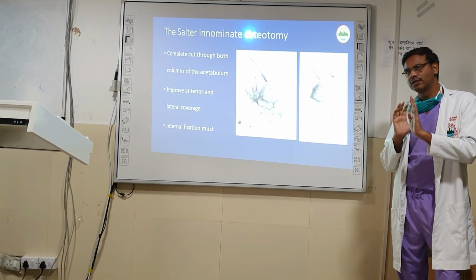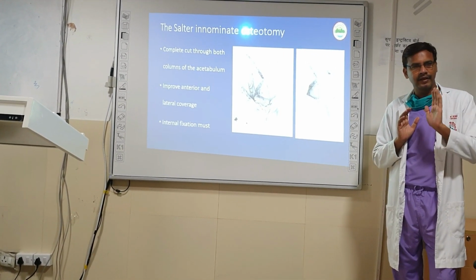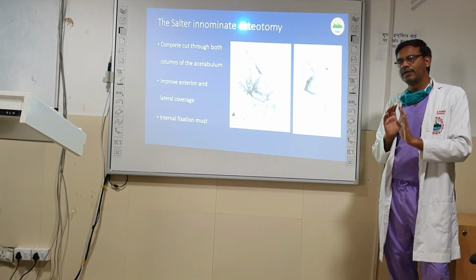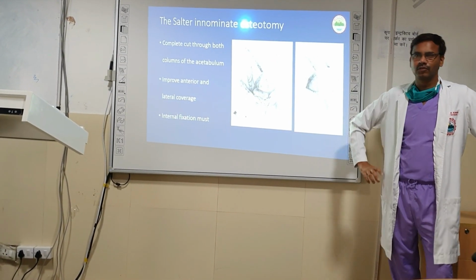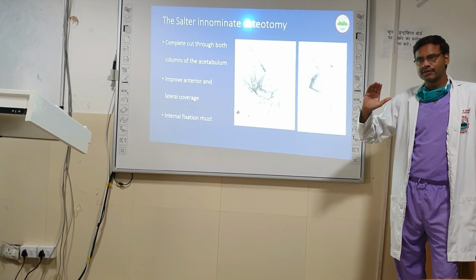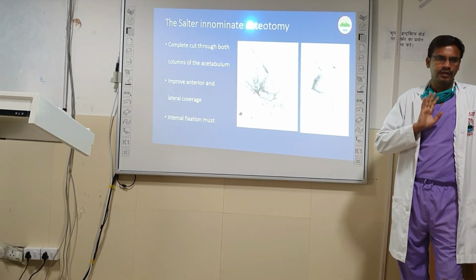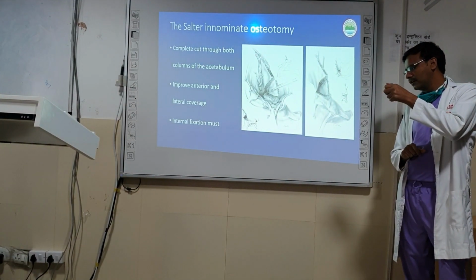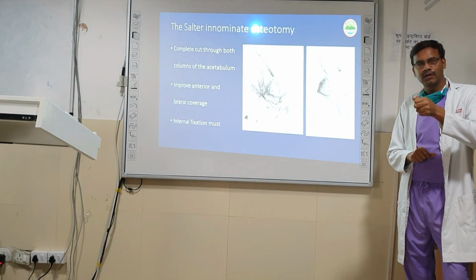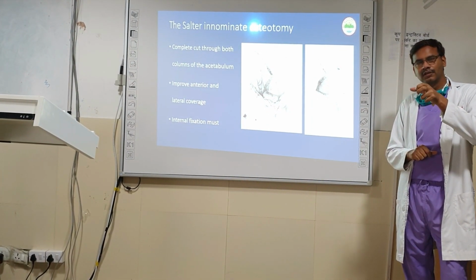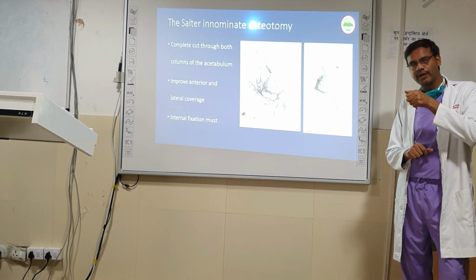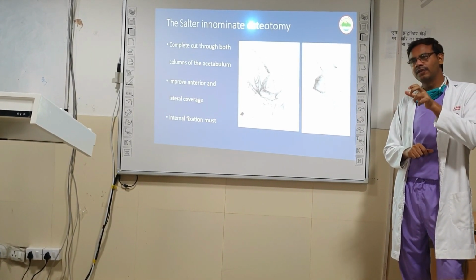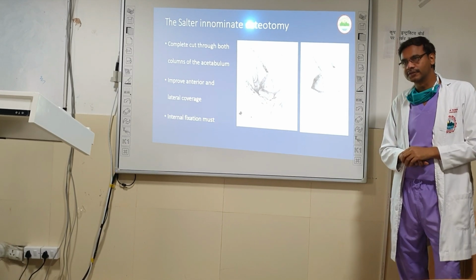And the cut should come out at the AIIS, antero-inferior iliac spine. Okay. Cut starts from the sciatic notch, goes up to AIIS, and you just take a patella holding clamp or a towel clip, catch hold of the innominate bone and just rotate it, and the hinge will be at the pubic symphysis.